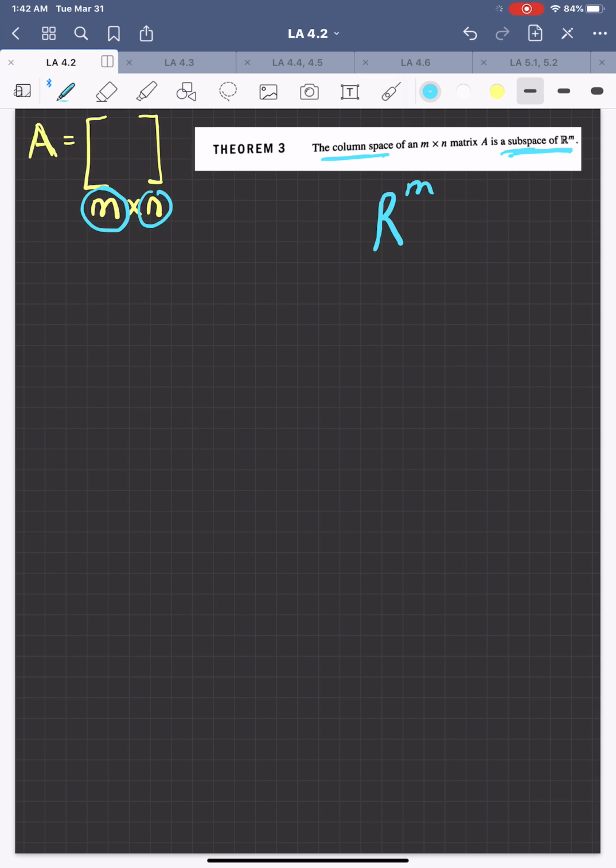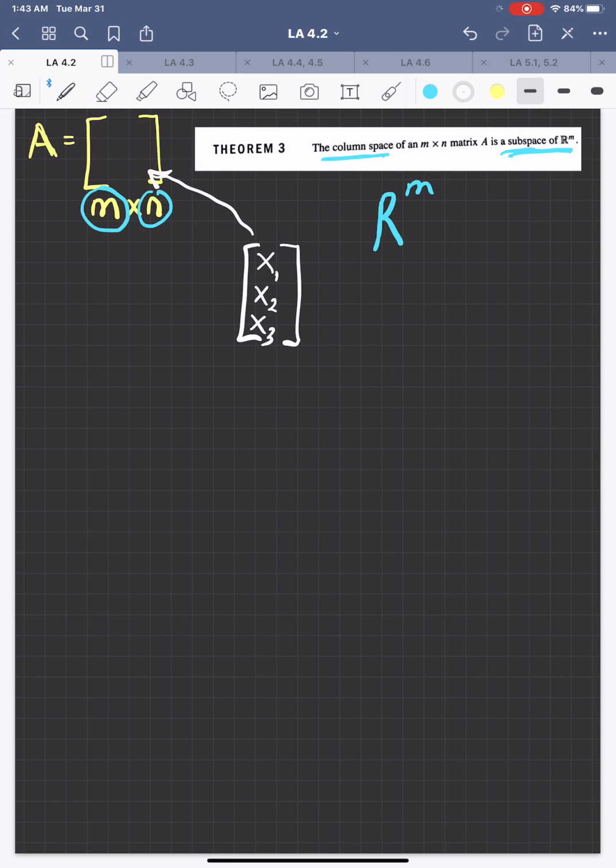Well, wait a minute. Can you pretend for just a second that you reach your hand in here and you grab one column? Here's the column that you just grabbed, okay? Now, how many entries are in this column? Well, let's just say there's an x1, x2, maybe an x3.